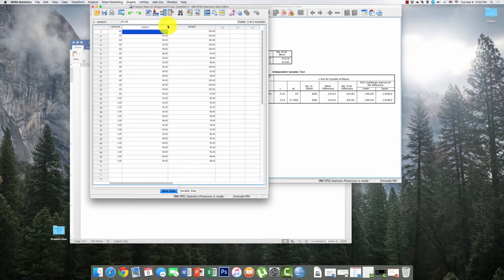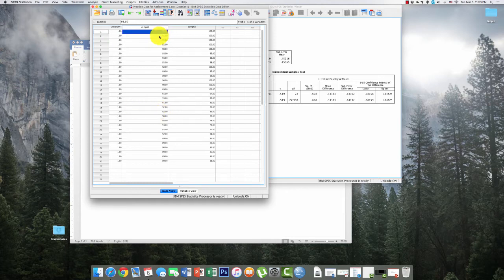You're going to see that CSUN is averaging around 91 or 90, and UCLA is averaging around 89 or 90. It's a nice mix, but there are equal variances.